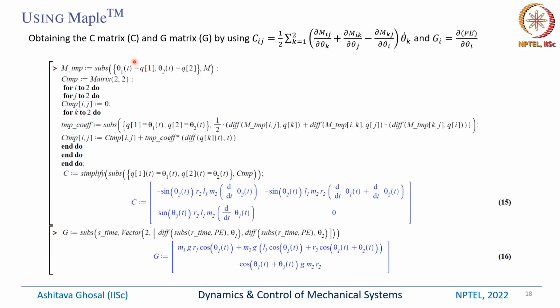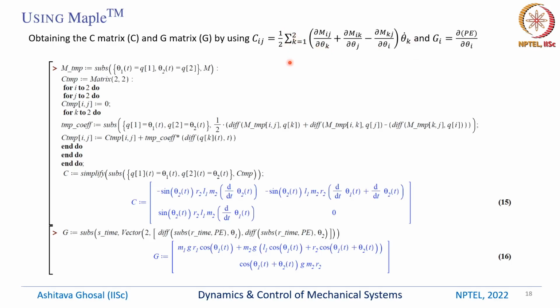How do we obtain the Coriolis term and the gravity term? We will use this interesting formula for the Coriolis term, which was shown in the lecture. You take the ij element of the mass matrix, partial derivative with theta k, plus the ik element, partial derivative with theta j, minus the kj element, partial derivative with theta i, then multiply the whole thing with theta k dot, and sum over k equals 1 to 2.